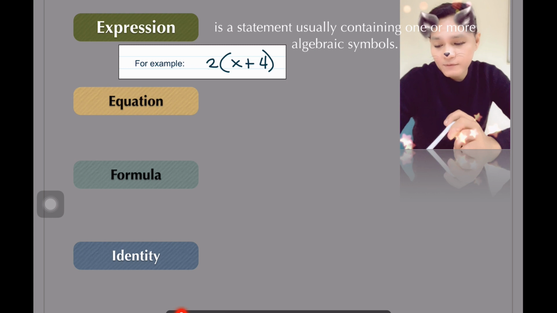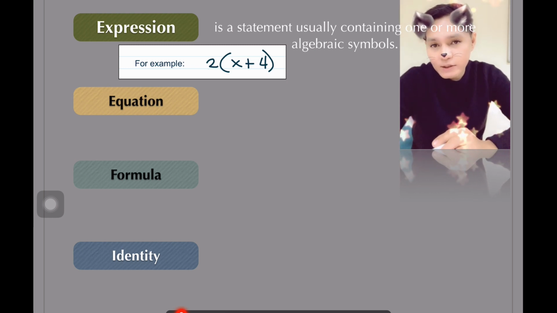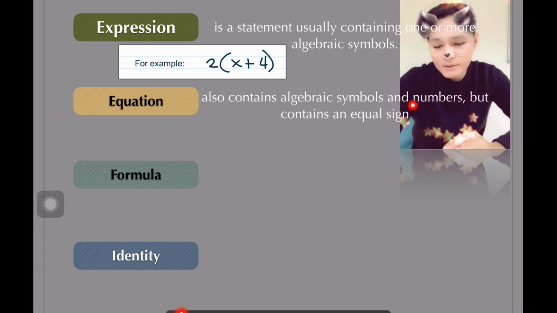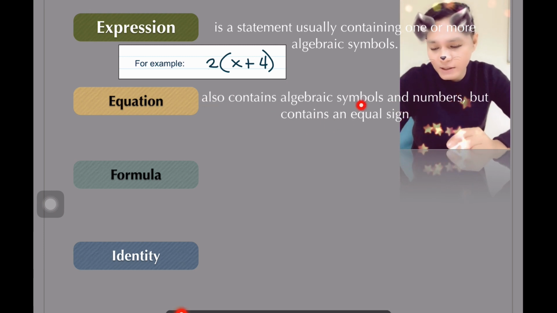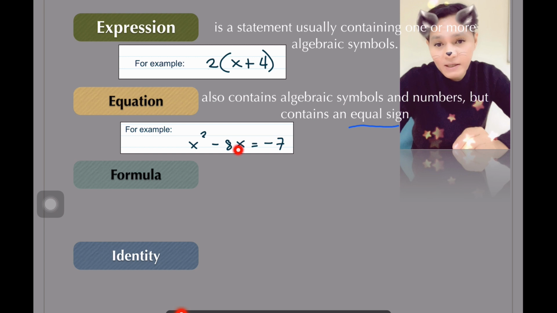That's another way of saying that. So that's an example of an expression. Next one is an equation. An equation also contains algebraic symbols and numbers, but contains an equal sign. Look at the example: x squared minus 8x is equal to negative 7. That is an example of an equation. This time, it has an equal sign.